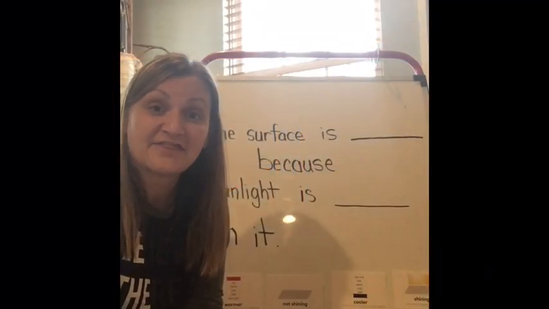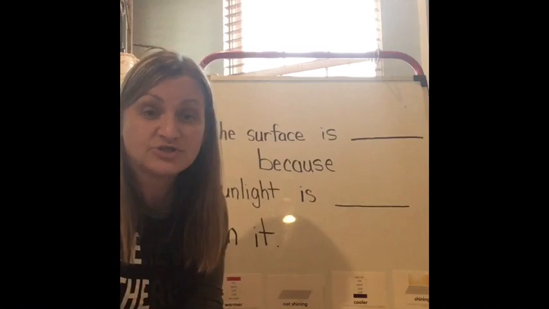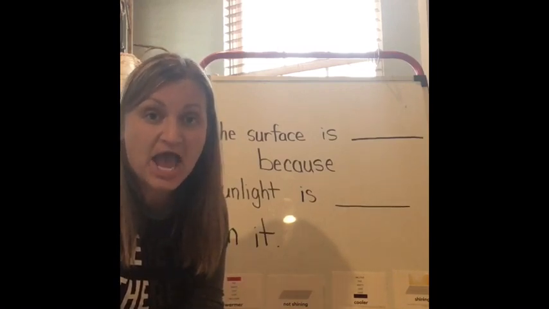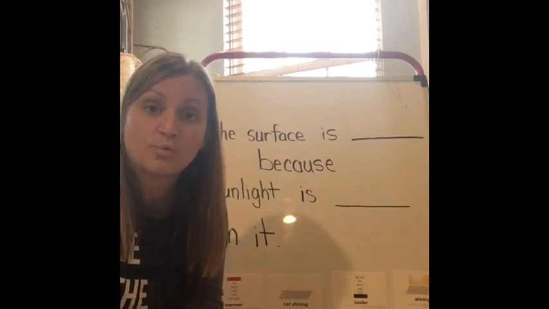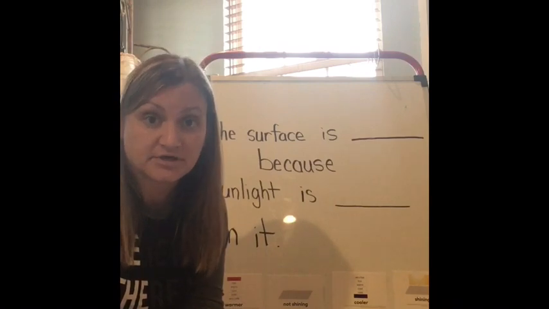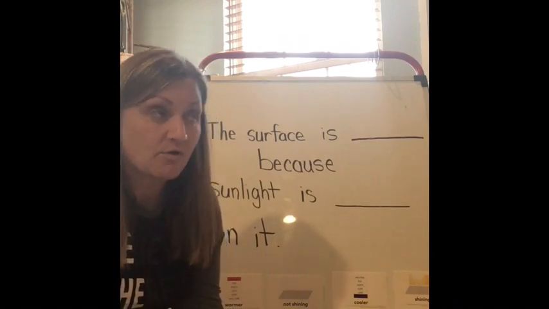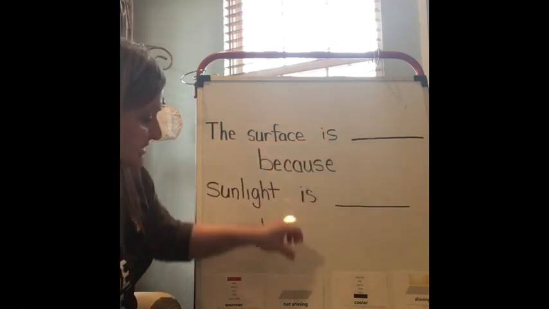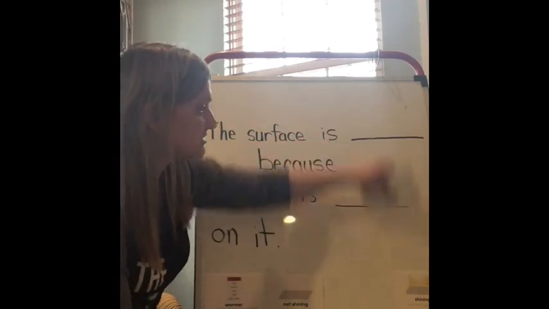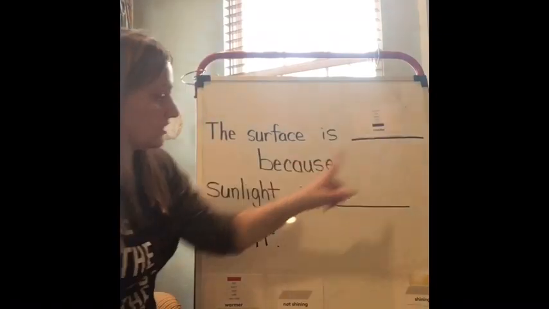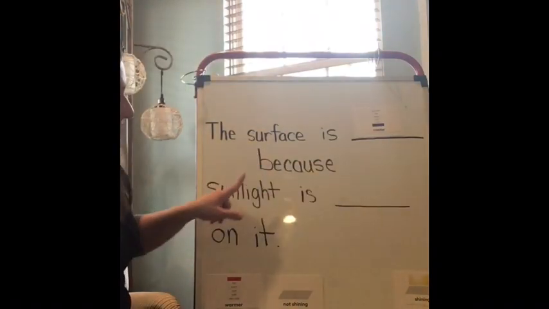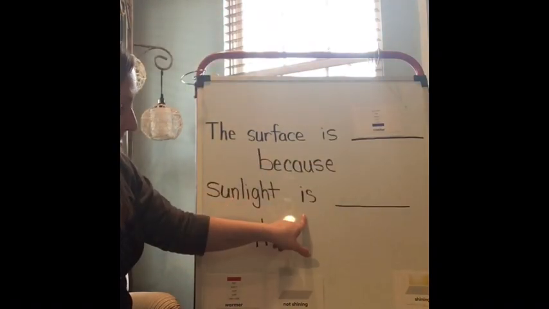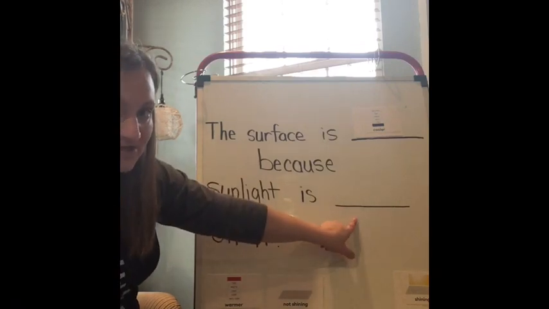Okay, so after looking at that picture, how would you talk like a scientist? How would you describe which area was cooler? Well, hopefully you would say something like this, right? The surface is, there it is, cooler because sunlight is, was it shining or not shining?